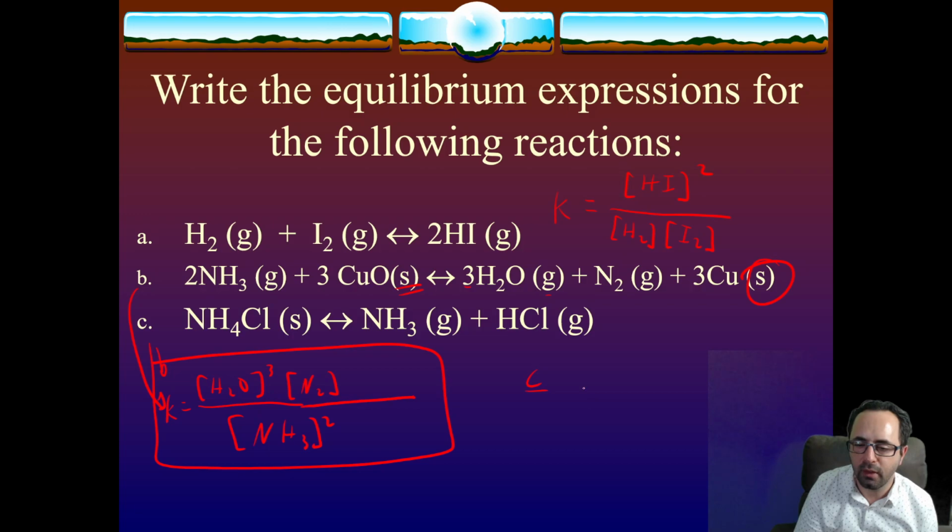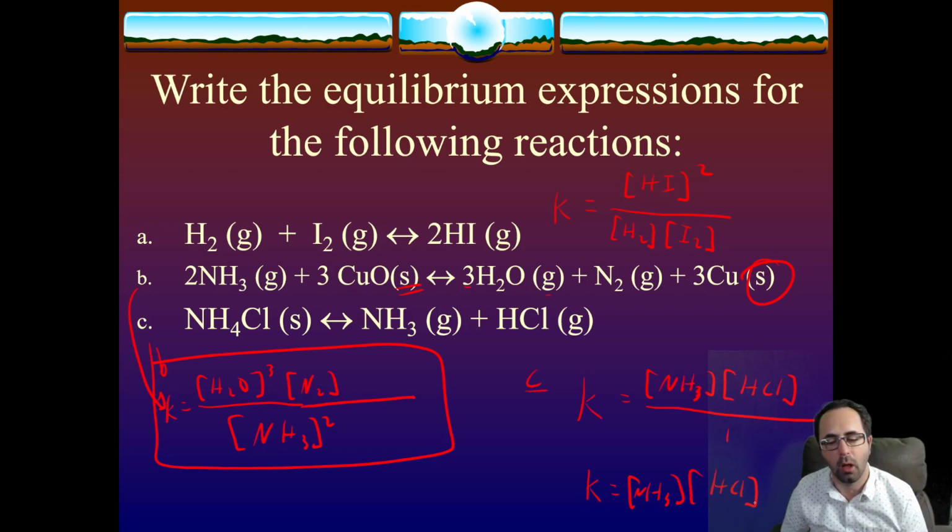And for letter C, our K here is going to have products, ammonia to the first power, HCl to the first power, and our reactant is ammonium chloride solid, so there's nothing on the bottom, right? So we could just say 1 here, or we can just write K equals ammonia concentration times HCl concentration with nothing on the bottom.